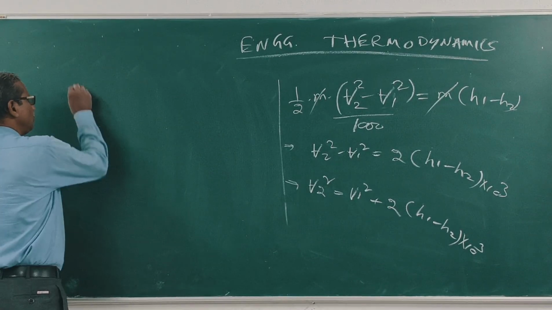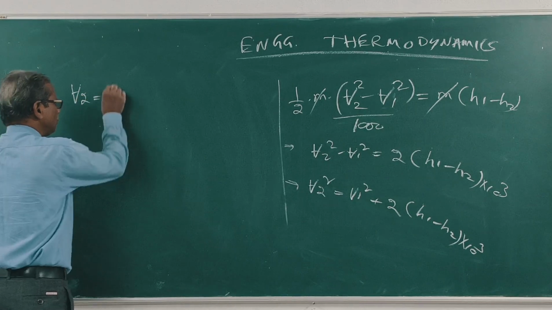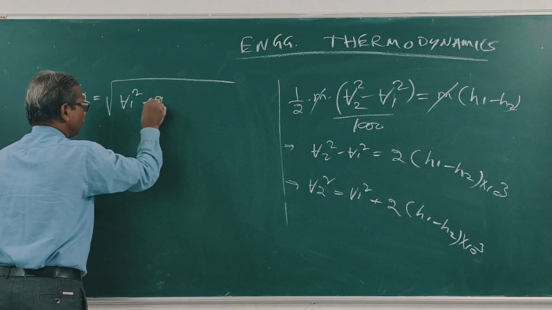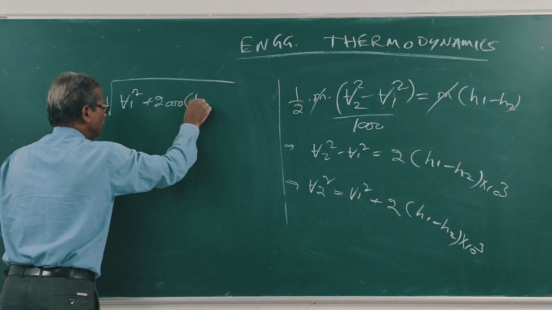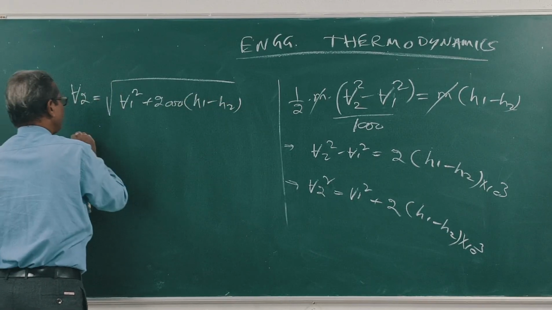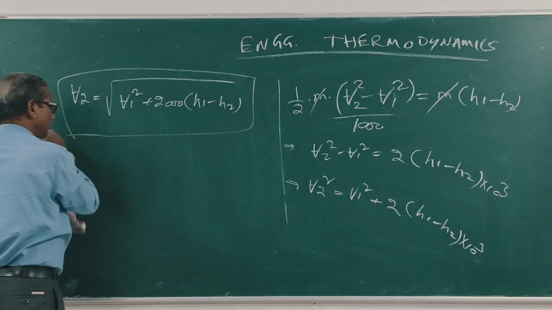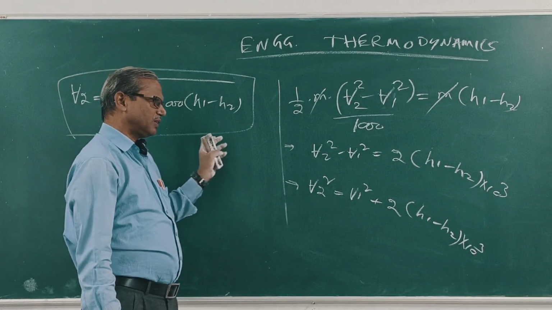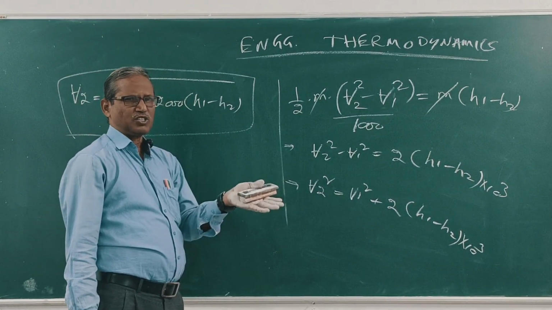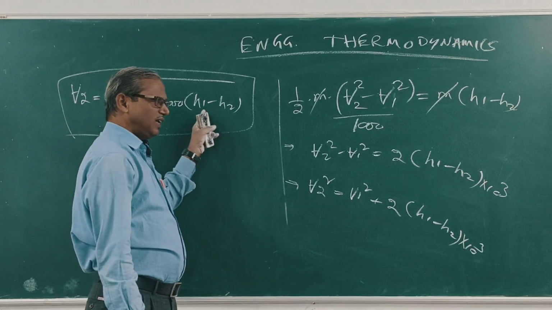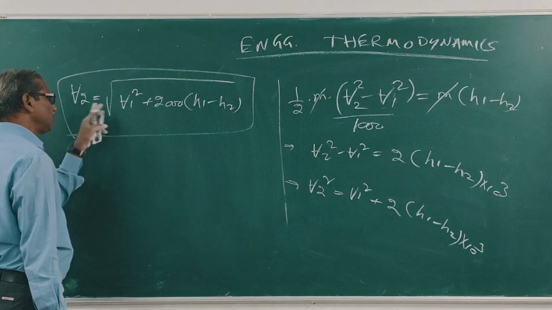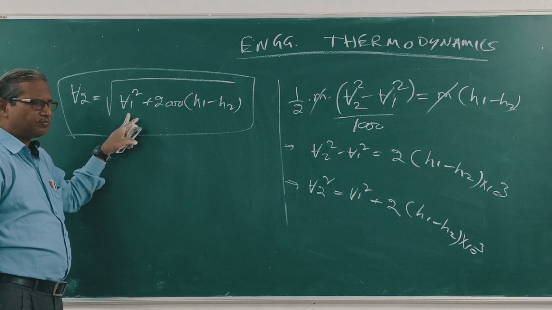So, what is V2 equal to? V2 is equal to root over V1 square plus 2000 into H1 minus H2. This is the expression for velocity at the outlet of the nozzle. Since the exit velocity is always more than the inlet velocity, as compared to the exit velocity, the inlet velocity is very small. Clear?